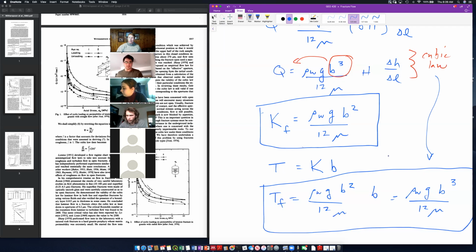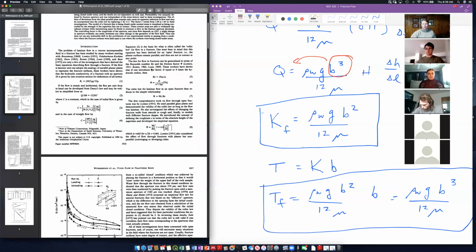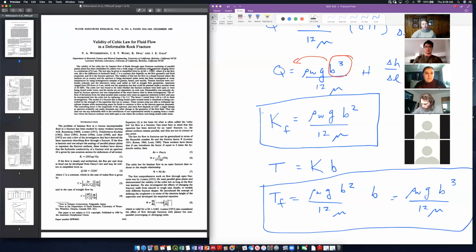So a lot of times when you're reading a paper in fracture flow, they'll talk about the cubic law. All right, so here's an example. This is a very famous paper in fracture flow, probably the most famous. The other author on the Freeze paper is Witherspoon. Well, here's Paul Witherspoon again.